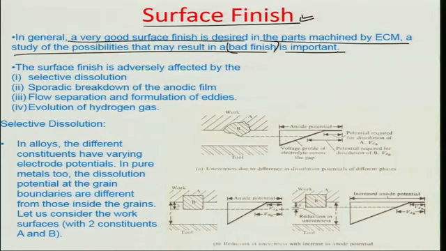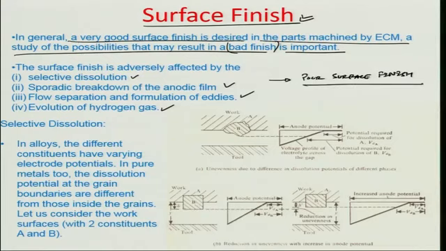As I told you, different factors like selective dissolution, sporadic breakdown of the anodic film, flow separation and formation of eddies, and evolution of hydrogen gas would all result in poor surface finish. So one aspect is the overall machining of the workpiece surface based on the direction of the electrolyte flow, and the other aspect is the surface finish related issues which come because of the electrolyte flow.